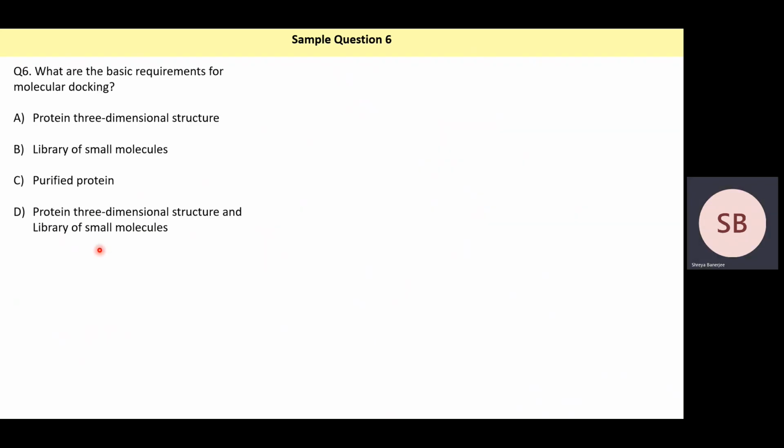The next question asks, what are the basic requirements for molecular docking?